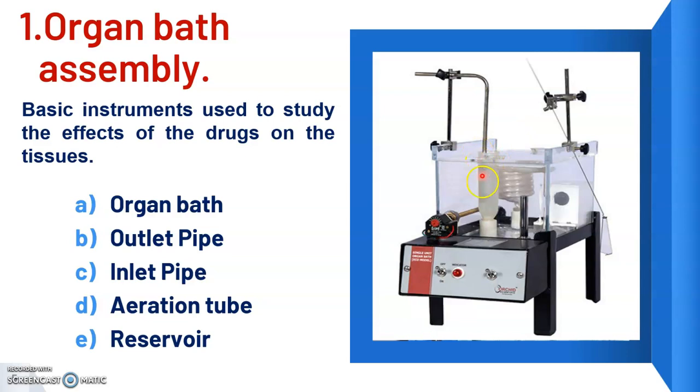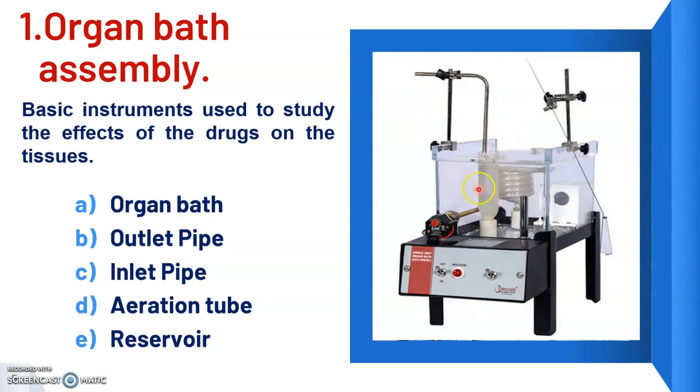Inside that there is an organ tube, where the isolated organ is inserted and kept. Then the inlet and outlet, with the help of which we can add or remove fluid or water into the organ bath or organ tube.